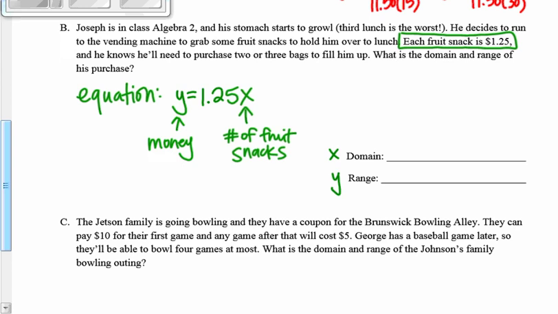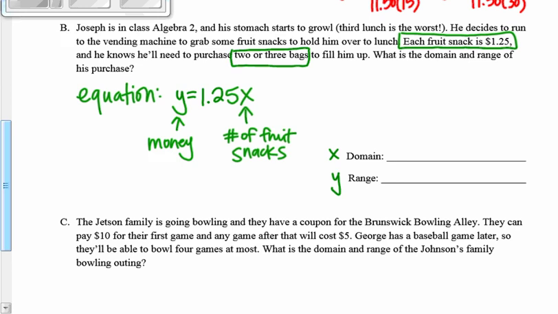So the first thing we're going to look for with domain is any kind of restriction on the number of fruit snacks. It says here that Joseph would purchase 2 or 3 bags. So the minimum would be 2, and the maximum would be 3.